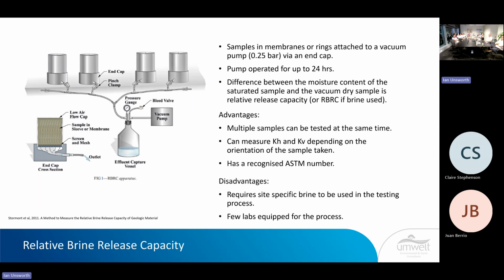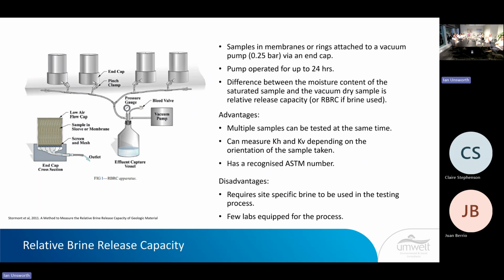And they'll put them in a system and vacuum pump them for 24 hours or so. And then the difference between the saturated sample and the vacuum dry sample is the release capacity. It's a relative release capacity if it's just water, but if there's brine involved, it's a relative brine release capacity.